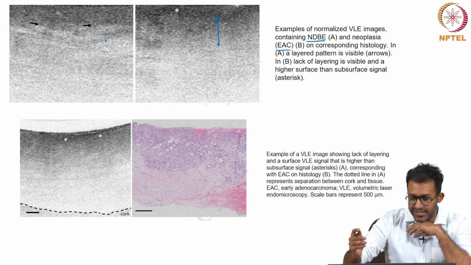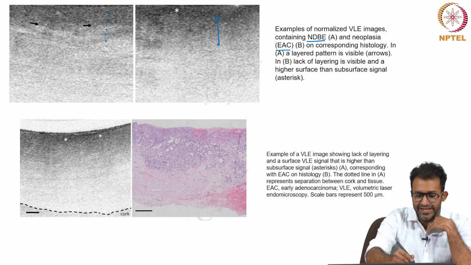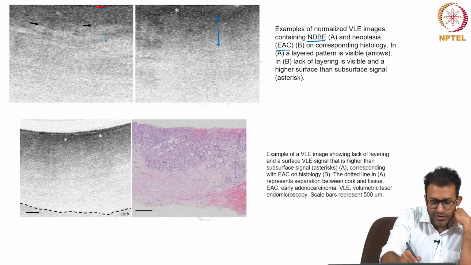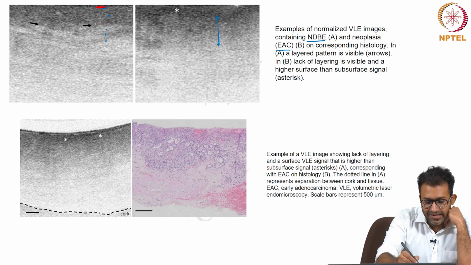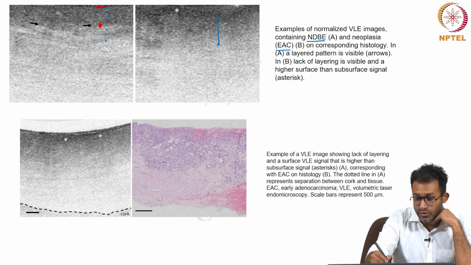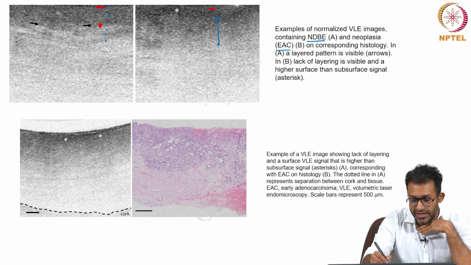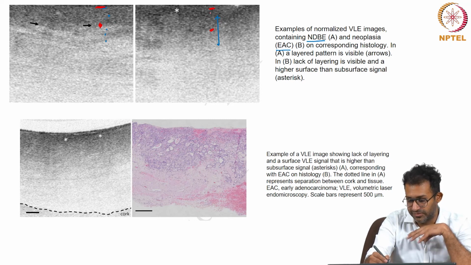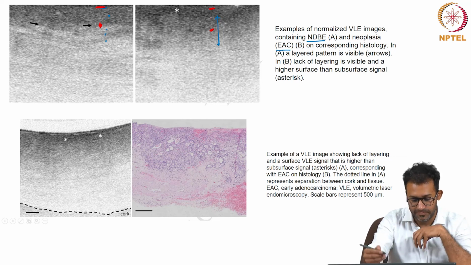If you look at the intensity on the surface and the subsurface, the difference is there, but in this particular image, the difference in signal intensity is pretty significant. In image B, it is much darker, the signals are higher on the surface, and the difference is remarkably visible.